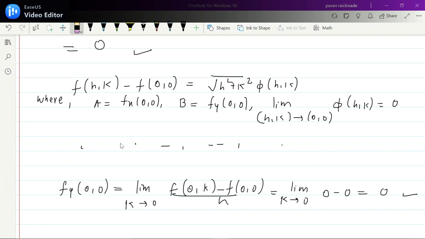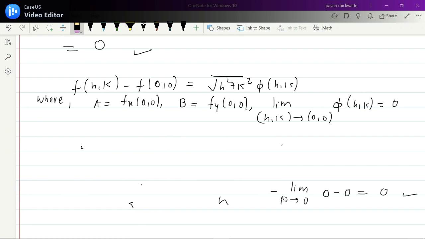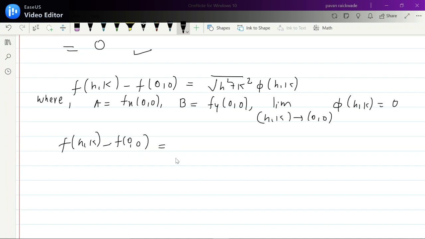So let's check now whether this thing happens or not. What is f of h comma k minus f of 0 comma 0, which is equal to square root of h square plus k square times sine of k square by h, if I am not wrong to remember the question.